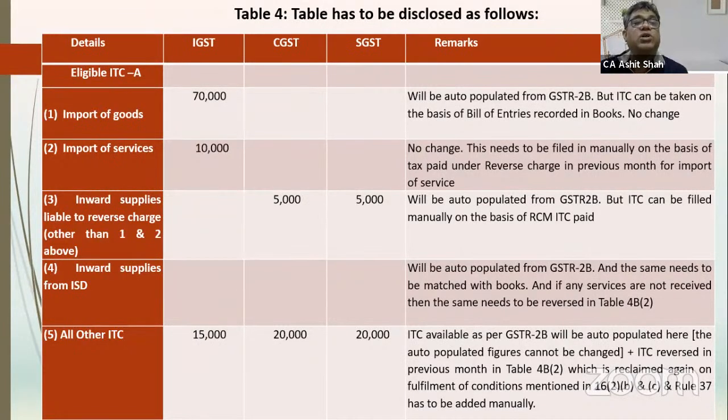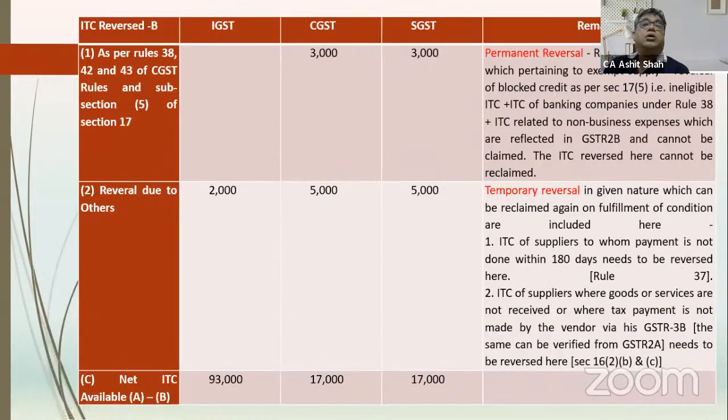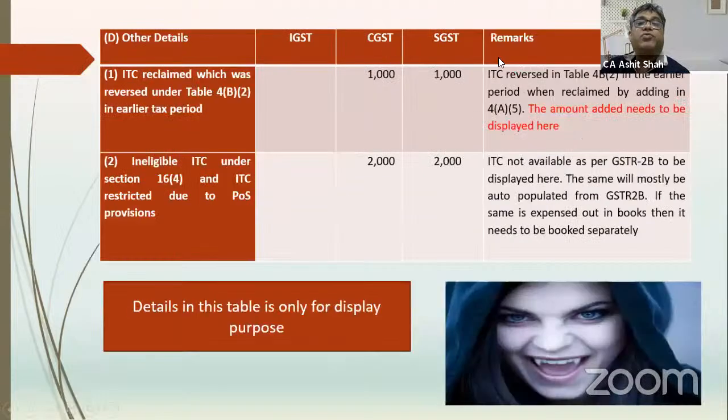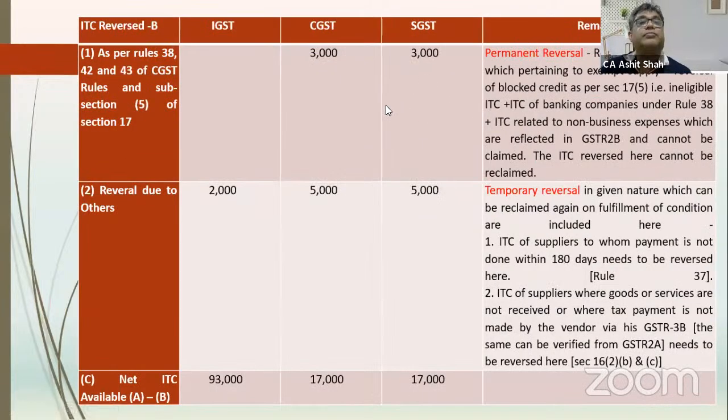Now let's go to the second thing, table 2 of ITC. This is the second part of it. ITC reversal. Until now, ITC reversal was only one, whether you were reversing under Section 42, 43 and others.